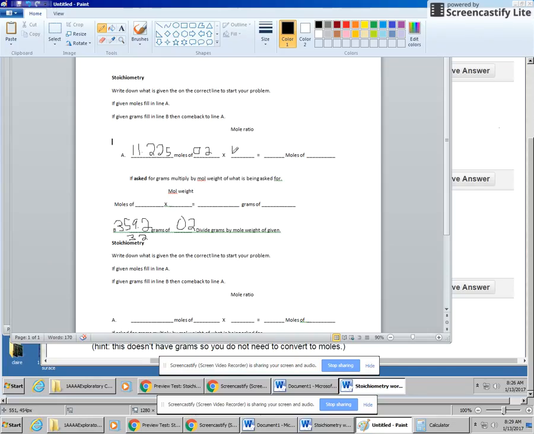So you got 1 CO2 and O2, you have 2 O2. The O2s cancel. So then you have 11.225 times 1 divided by 2. That gives you moles out, moles of CO2.